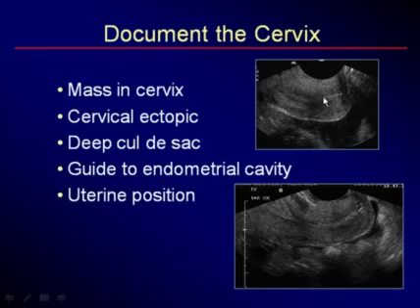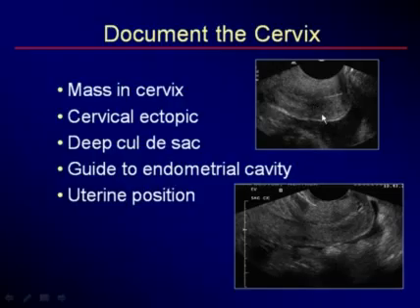This helps you to quickly see is there any kind of mass inside the cervix. In cases of ectopics, the cervical ectopic could be there. Deep cul-de-sac is imaged. That could be a place where a mass is hiding. This endocervical line is your guide into the endometrial cavity. This helps you with uterine positions.